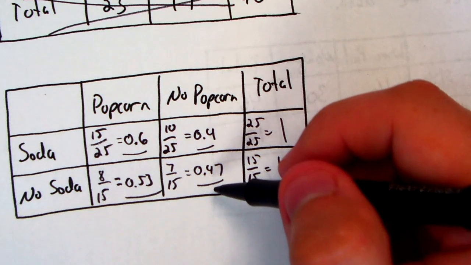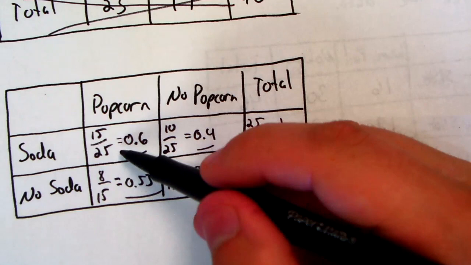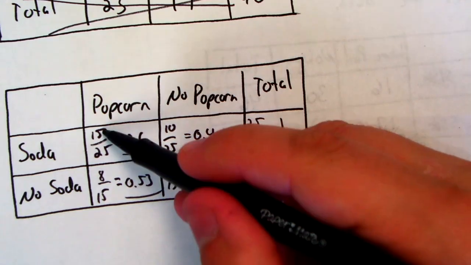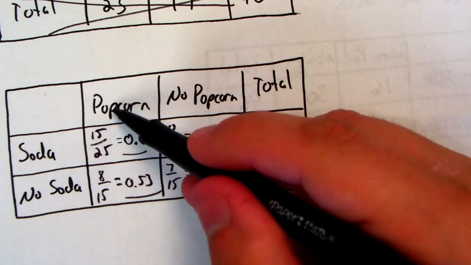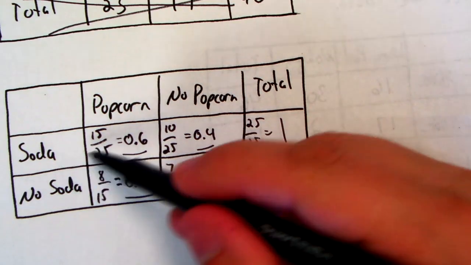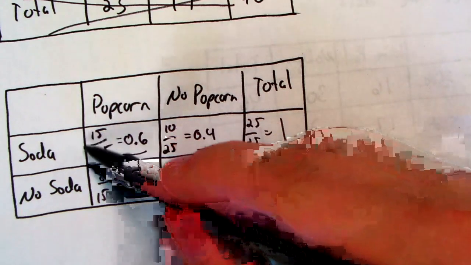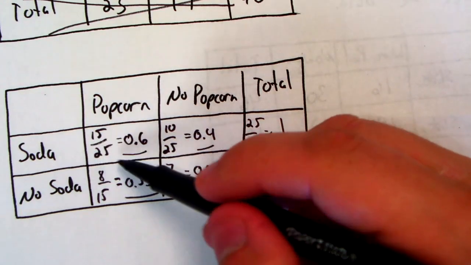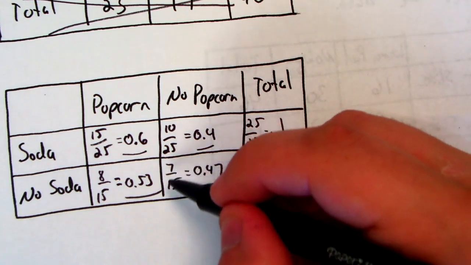What I would say is over half of the people that bought soda also bought popcorn, because 15 bought popcorn out of a total of 25 that bought soda. So over half of the people that bought soda also bought popcorn. And just under half of the people that didn't buy soda didn't buy popcorn also.